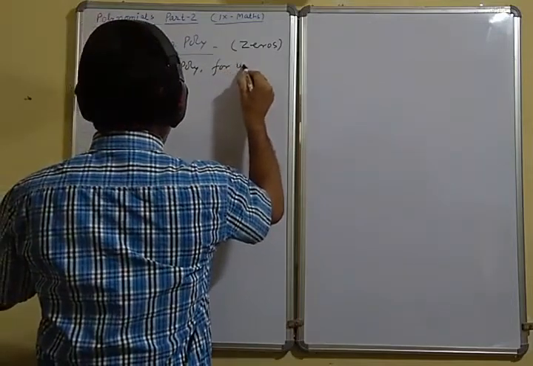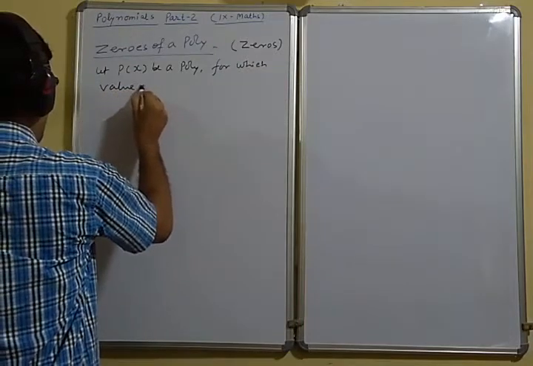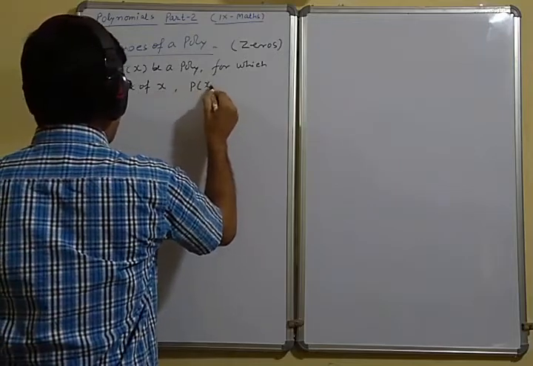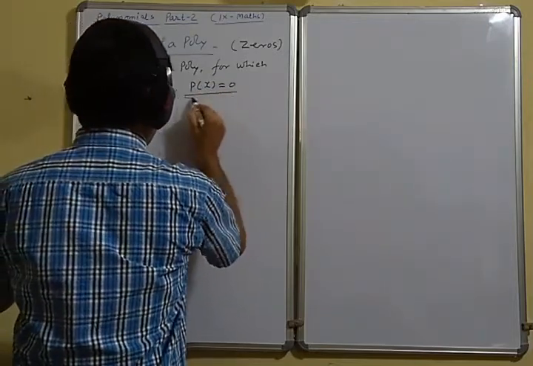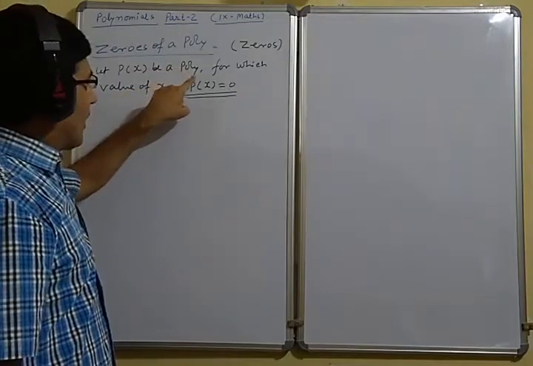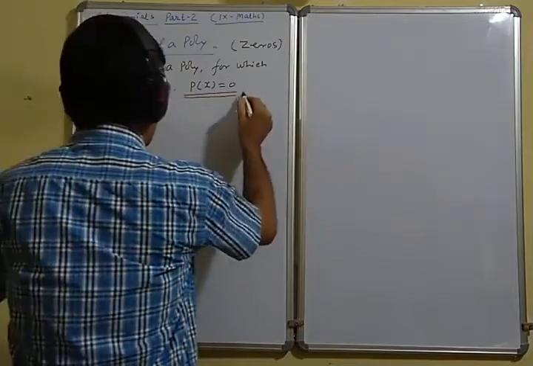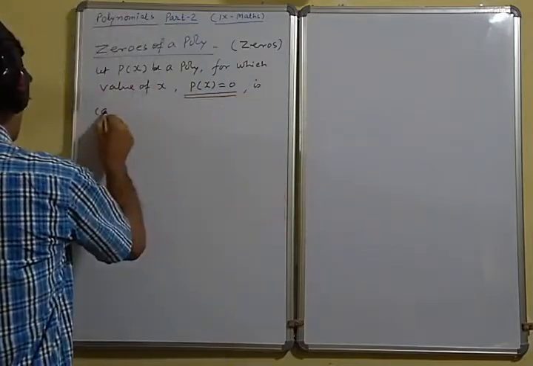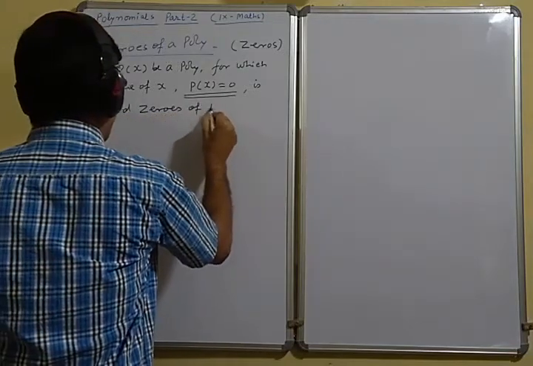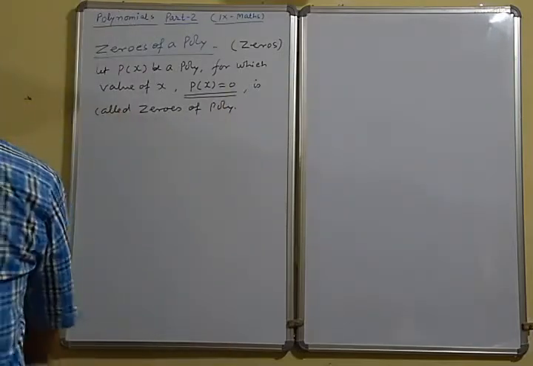Then the value of x for which P(x) becomes 0 is called a zero of the polynomial.